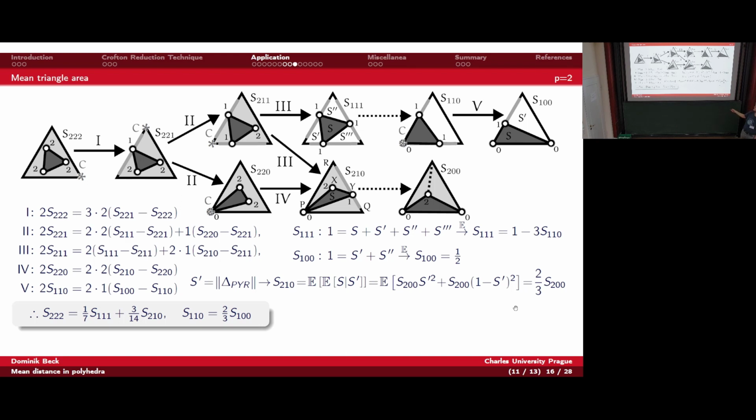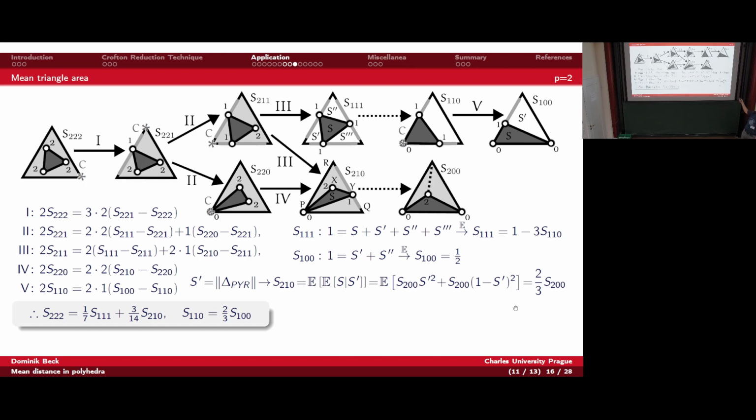Then this mean area of S is a multiple of the mean area of a triangle which is S200, this configuration, because you can finally scale this setting, the PYR triangle, to this triangle, times the area of this triangle. And the other possibility is that X is located on the other side of this line PY, so you have to write it symmetrically.